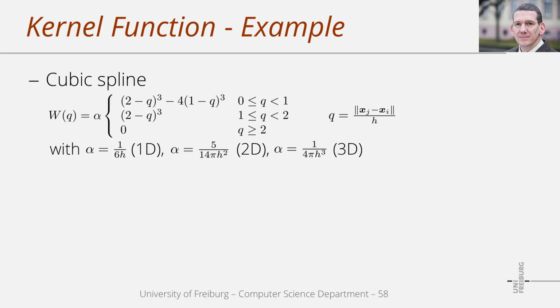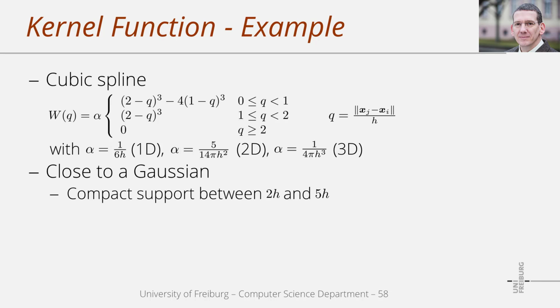And we see that the kernel function depends on the dimensionality. So for 1D, 2D, and 3D, we have specific coefficients alpha that are required to normalize the integral of the kernel function. The cubic spline is close to a Gaussian, it is non-negative and symmetric, and its integral is 1. The support is compact and typically in a range from 2h to 5h.